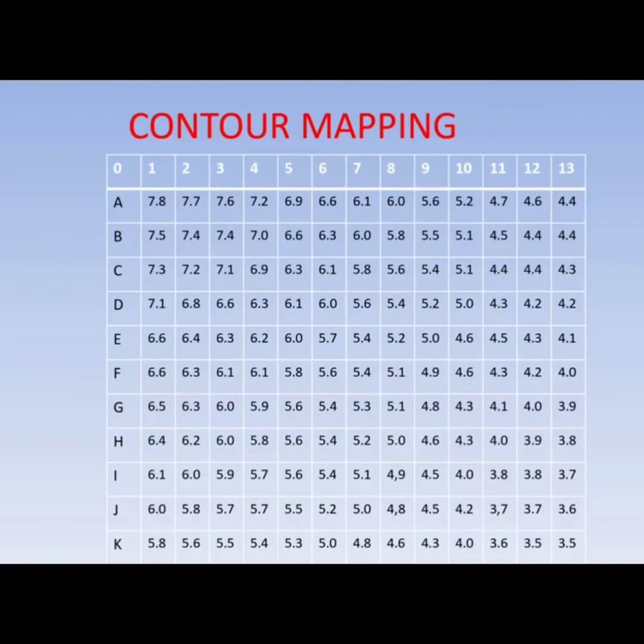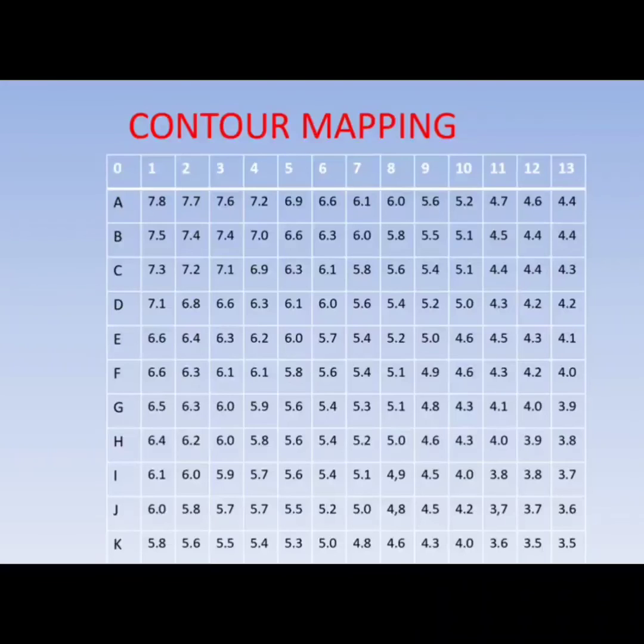At each intersection point of the grid lines, levels are to be taken and plotted on the sheet. Depending on the contour intervals, we have to plot the contour lines.